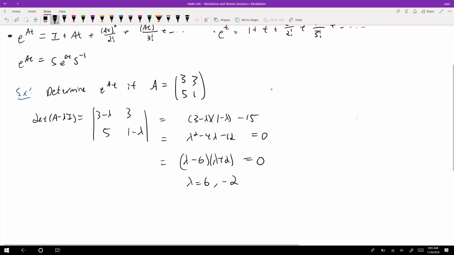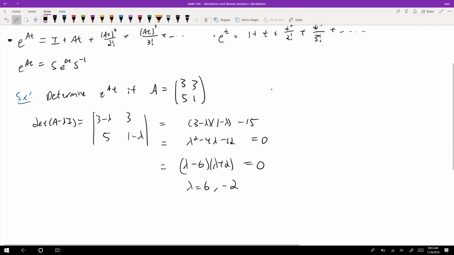Now we need to find eigenvalues and eigenvectors. So let lambda equal 6. We take a look at the matrix, and you get [-3, 3; 5, -5]. What is an eigenvector associated with this matrix? 1, 1.